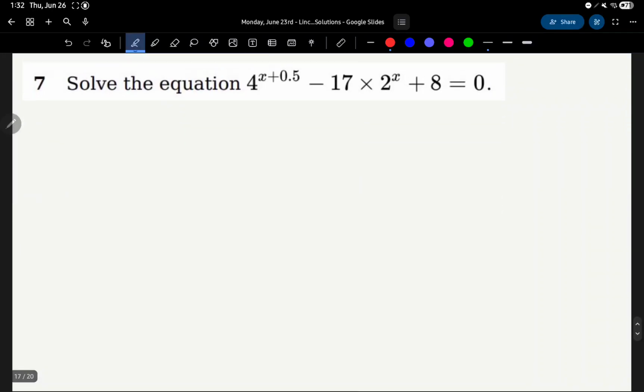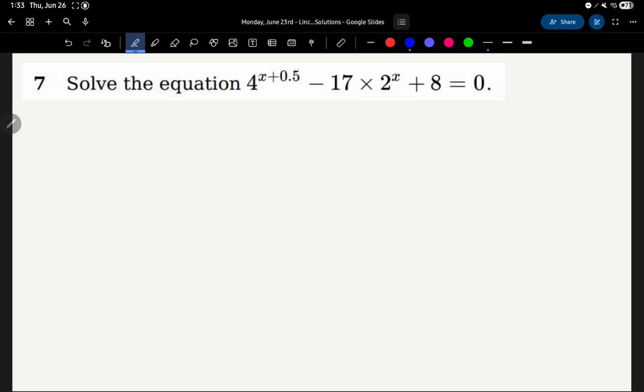It says solve the equation 4 to the power of x plus 0.5 minus 17 times 2 to the power of x plus 8 is equal to 0. Okay, this is super complicated, right? But we can do the same way. We need to somehow organize it so two or more terms have the same expression of 2 to the power of x.